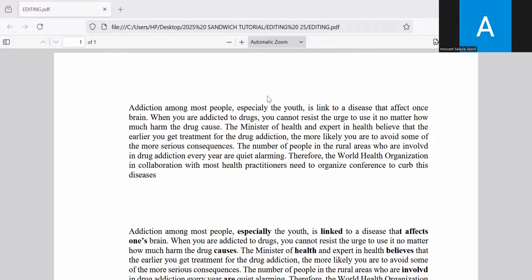The number of people in the rural areas who are involved in drug addiction every year are quite alarming. Therefore, the World Health Organization, in collaboration with most health practitioners, need to organize a conference to curb this disease.